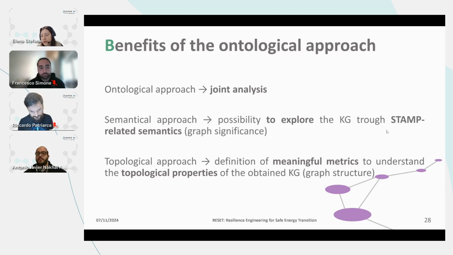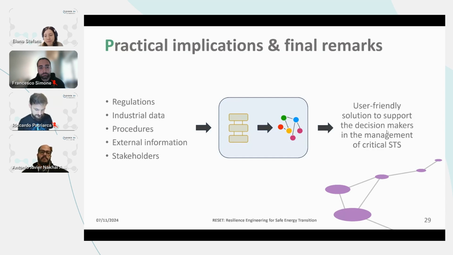So we could perform a joint analysis on both graph significance and graph structure, and we could integrate the information provided from these different perspectives.